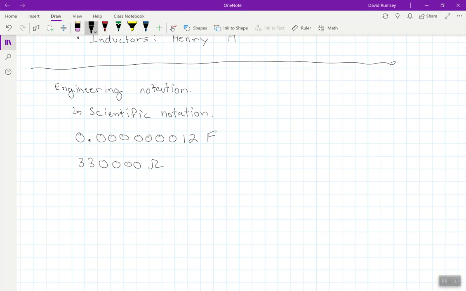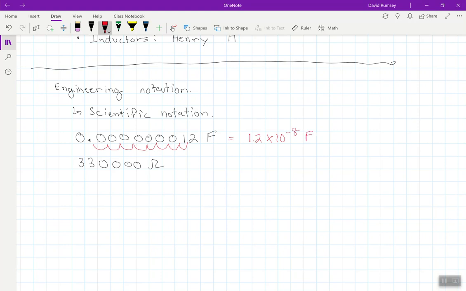So if we just went to scientific notation, we should all be familiar with this. We'd move this decimal point over to that spot, and so you have 1, 2, 3, 4, 5, 6, 7, 8. So this would be the same thing as 1.2 times 10 to the negative 8 farads.